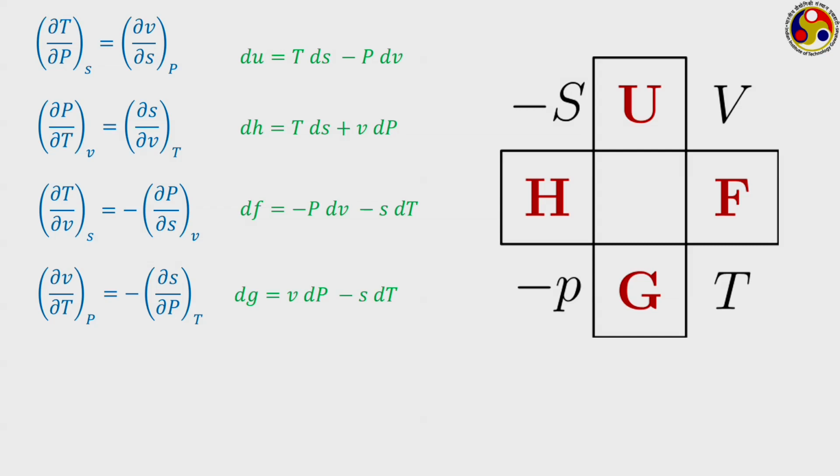We have basically made a 3 by 3 grid inside a square, and the central one is empty, and the other 8 have been occupied by the 8 terms that we are talking about. Here the middle ones are the 4 potentials and the corner ones are the 4 properties that we are using in these Maxwell's equations. Here everything is written in extensive sense, but commonly we use the intensive notation, which is what I shall be doing.